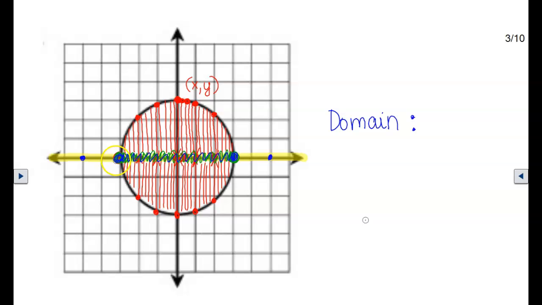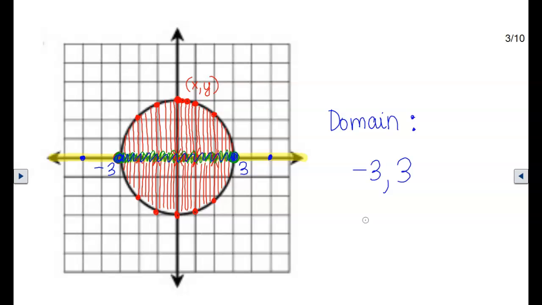Start with your number on the left. That number is -3. And then I want to go all the way to this number on the right, which would be +3. So my domain for this function is going to be -3, +3.